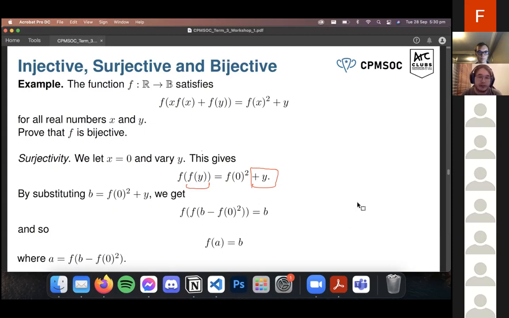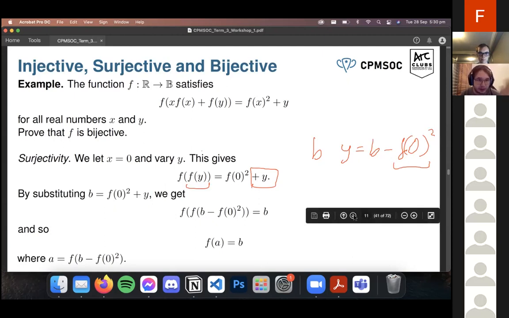Another way to say that is for any b, we want to let y equal b minus f(0) squared. Now, f(0) squared is some kind of constant, so it exists. We're just saying, choose y to be b minus f(0) squared, because then the right-hand side simplifies to b.